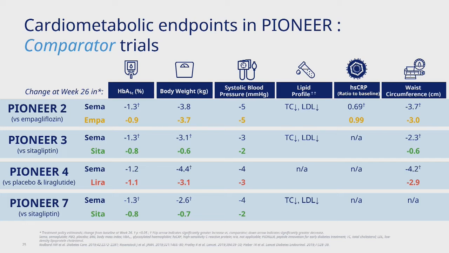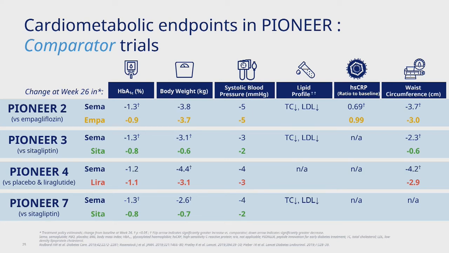Reduction of C-reactive protein was also noticed in empagliflozin, and waist circumference 3.7 versus 3 in empagliflozin. In PIONEER 3, there was reduction in hemoglobin A1C, weight, total cholesterol and LDL, and reduction in waist circumference, 2.3 centimeter.